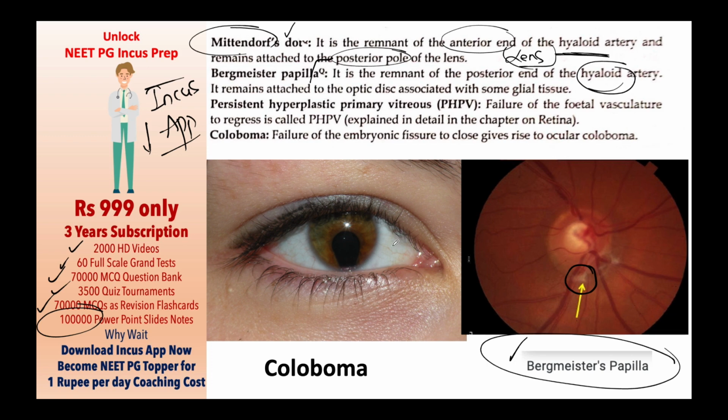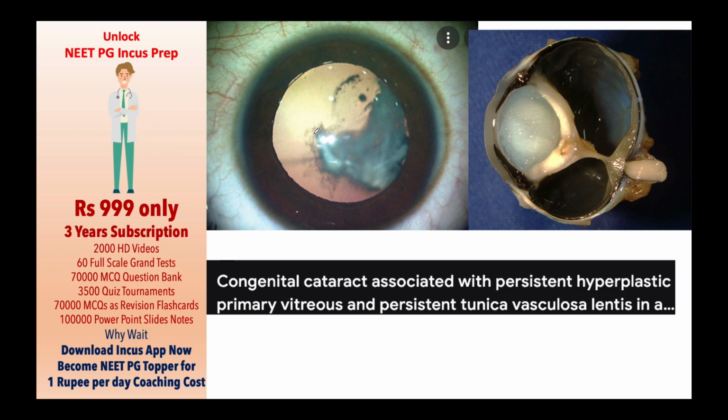Then coloboma. What is coloboma? Coloboma is the failure of closure of the embryonic fissure that gives rise to ocular coloboma. Then persistent hyperplastic primary vitreous. So a lot of fetal vasculature fails to regress, and that is called persistent hyperplastic primary vitreous.